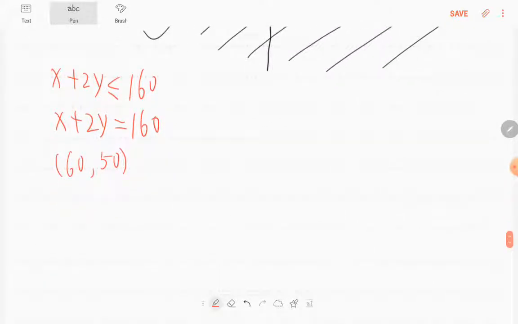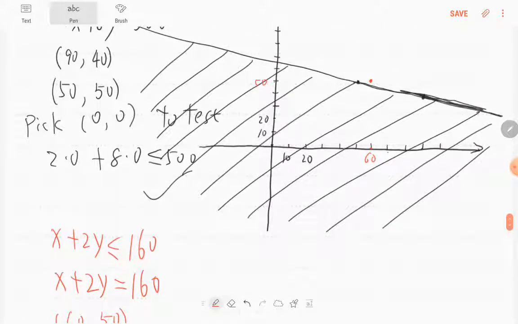Okay, now another point. x equals 40, for example, so y equals 60. 40, 60. This is 40, and 60 is here.